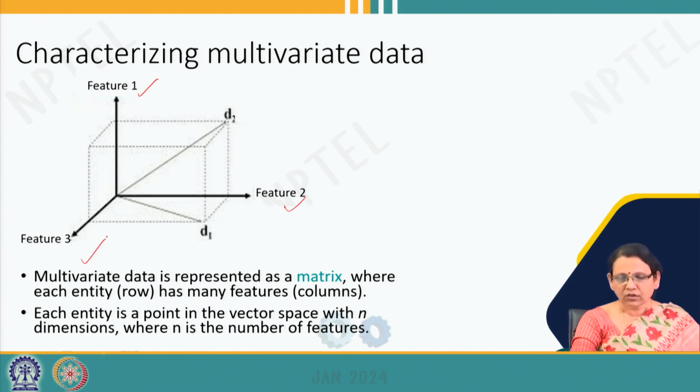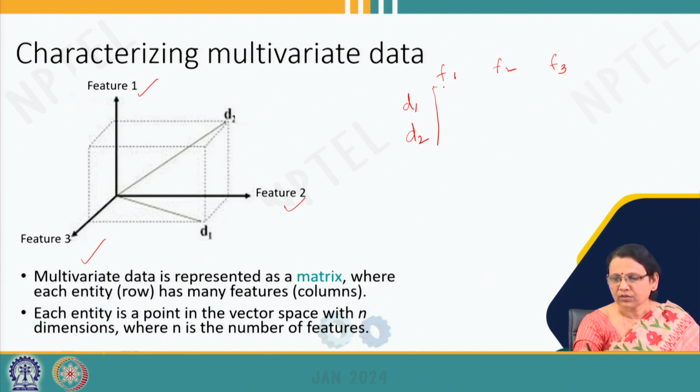So, the points D1 or D2, which are represented in this space, can in fact be represented in the form of a matrix. Here, the data points are the row elements, and the columns are feature 1, feature 2 and feature 3.